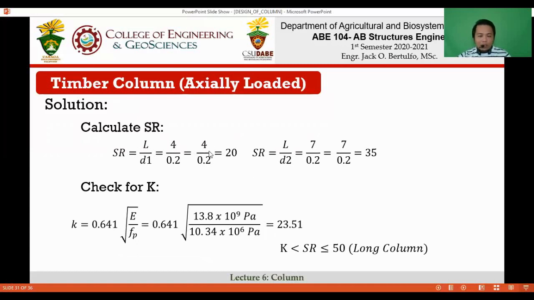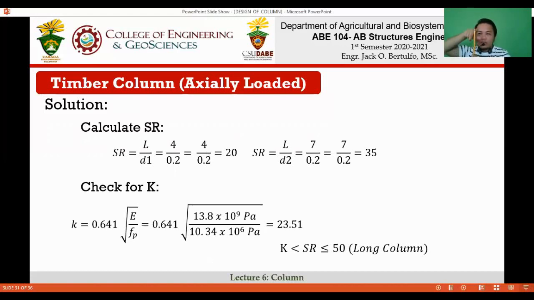Why? Because relative to the y-axis, the unsupported length is only 4 meters. Remember in class, the beam is supported here. So in this view, the only unsupported part is this. But if we look at the side view, if we rotate it, the unsupported length now is the total length.